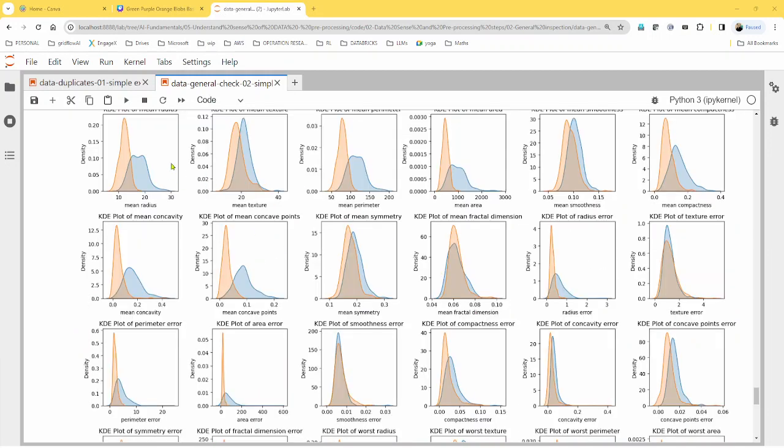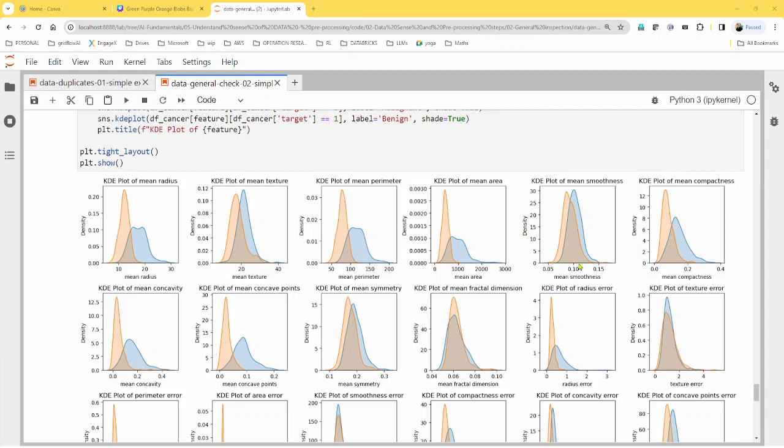So again, if you look at the data distribution of the column, let's say the mean smoothness here, the distribution looks the same for both the classes, which is again not something that we look for. But then the other column helps here. The distribution of data is quite shifted from each other, which is good. For example, here also is quite shifted, which is again desirable.